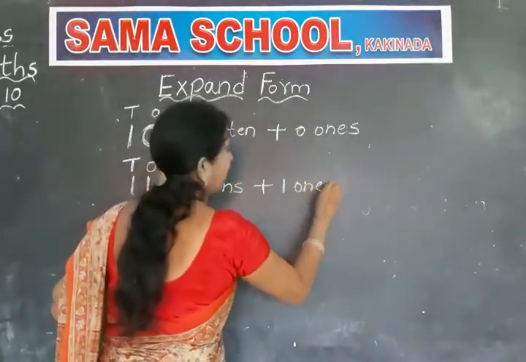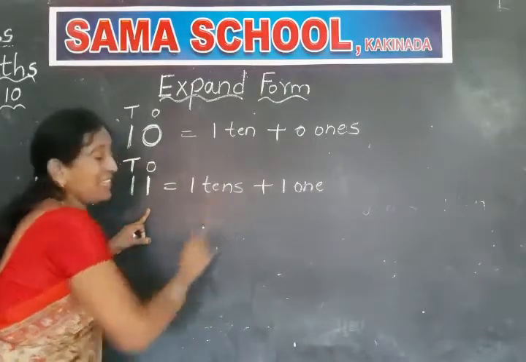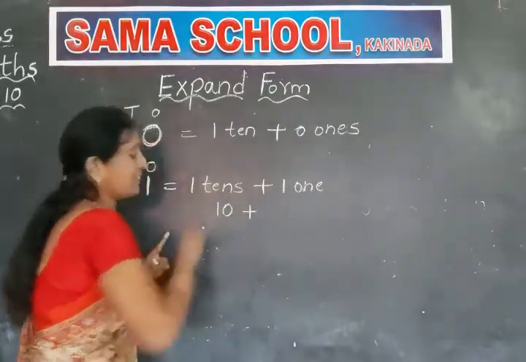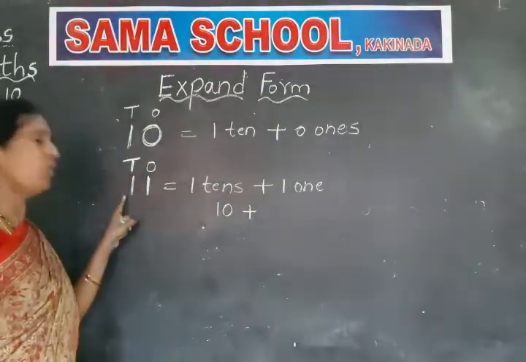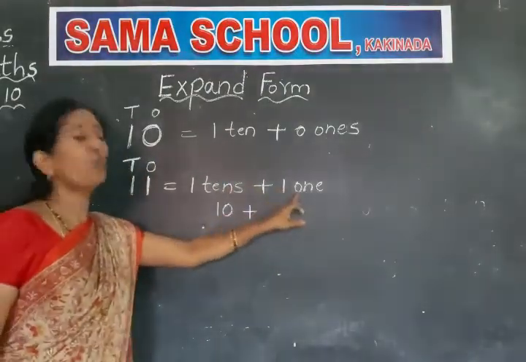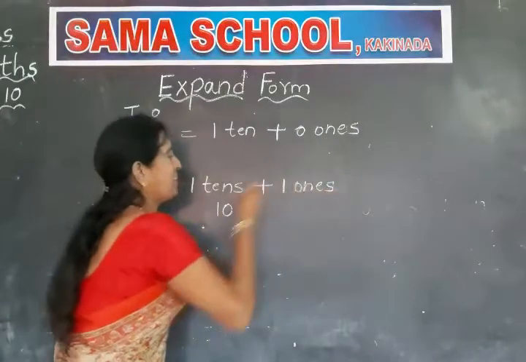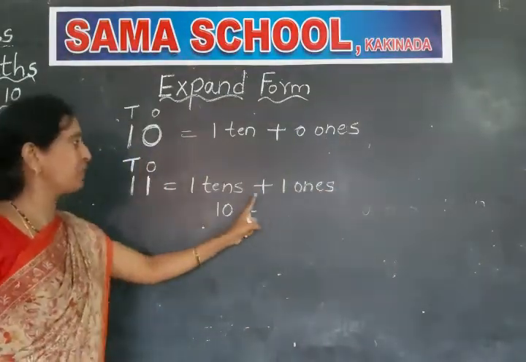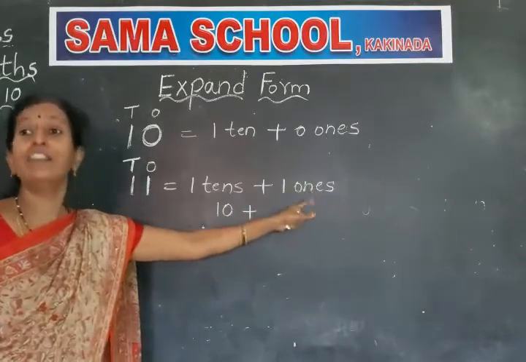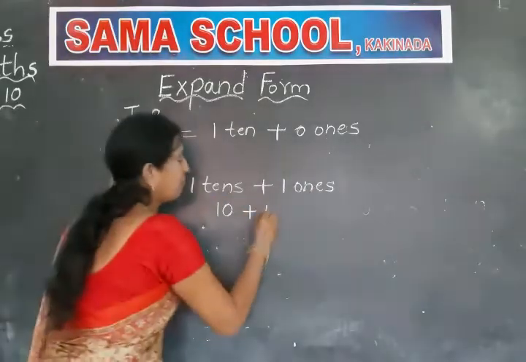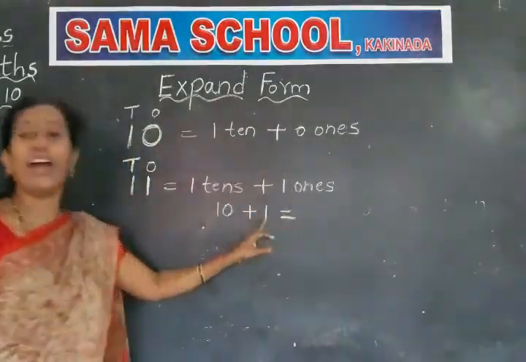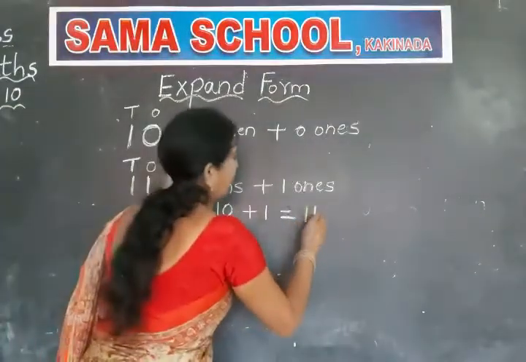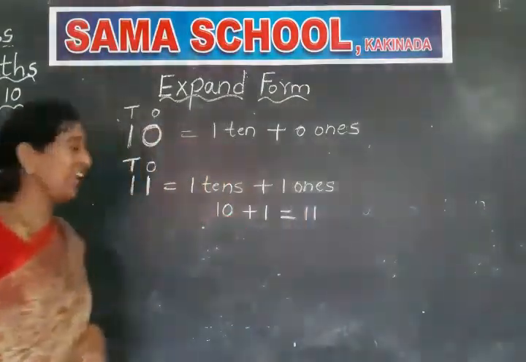So 1 ten plus 1 one. Now 1 ten means only 10, no? Plus how many ones here? Only 1. So 10 plus 1 is 11. The next number. 11. Like that.